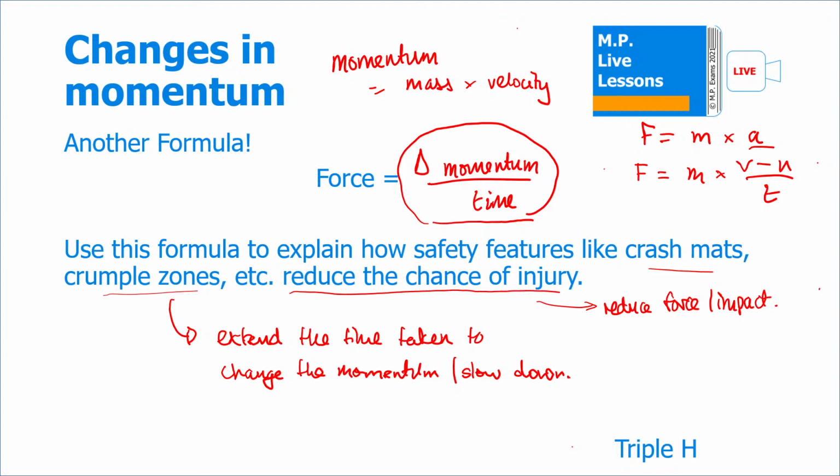So if you extend the time, it becomes larger. That means you're dividing by something larger. So that means the force is reduced. That means the impact is reduced and you have your reduced chance of injury.